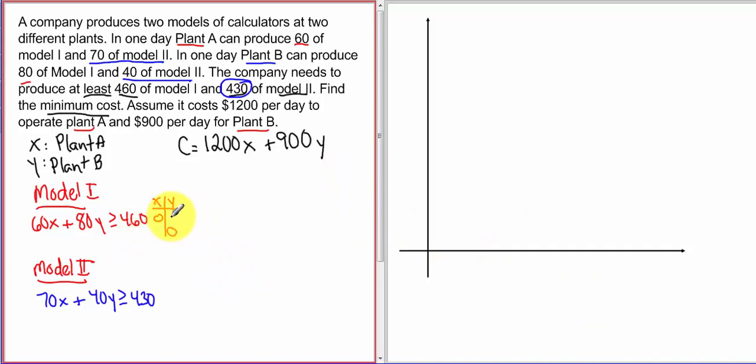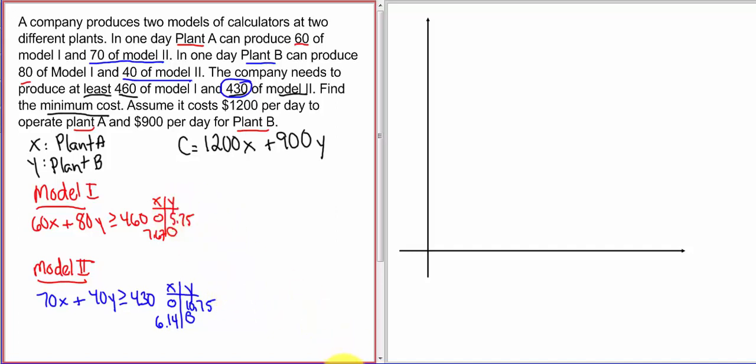So our first intercepts are this, and then the intercepts for our other one are, and 6.14. That was all the calculator work that I did. It's kind of boring calculator work, so I'm not going to show you that.